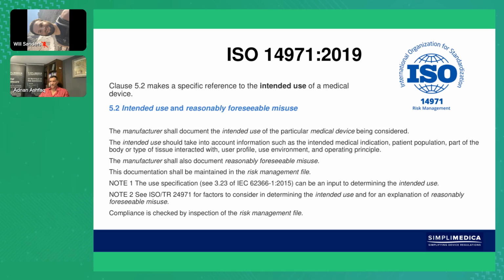And then it goes on, and this is taken verbatim from ISO 14971, that the intended use should take into account information such as intended medical indication, patient population, part of the body or type of tissue interacted with, user profile, use environment, and operating principle. The manufacturer shall also document reasonably foreseeable misuse. And then another two really important points in the notes further on are related to our usability specification also.